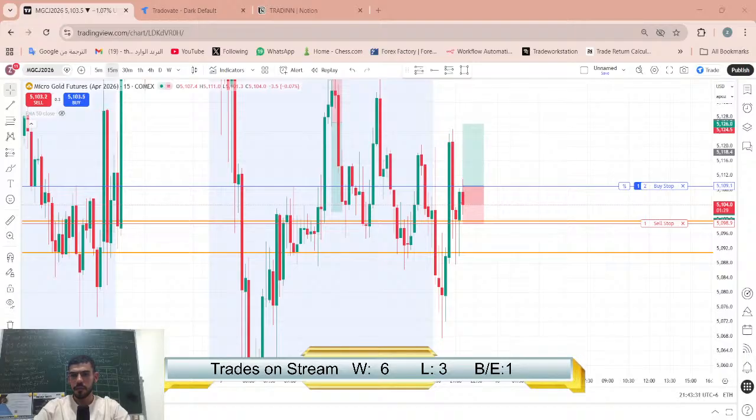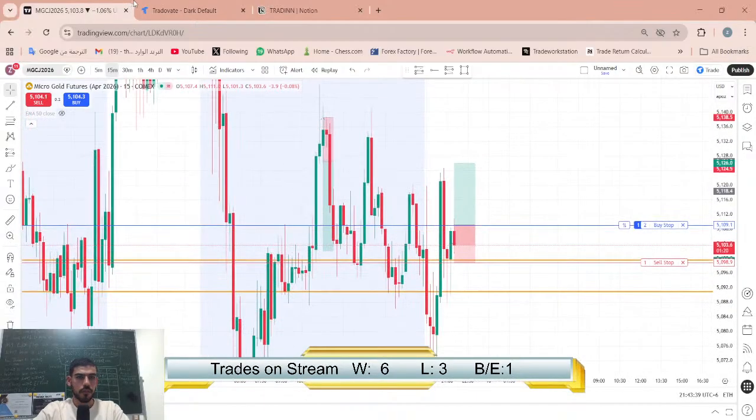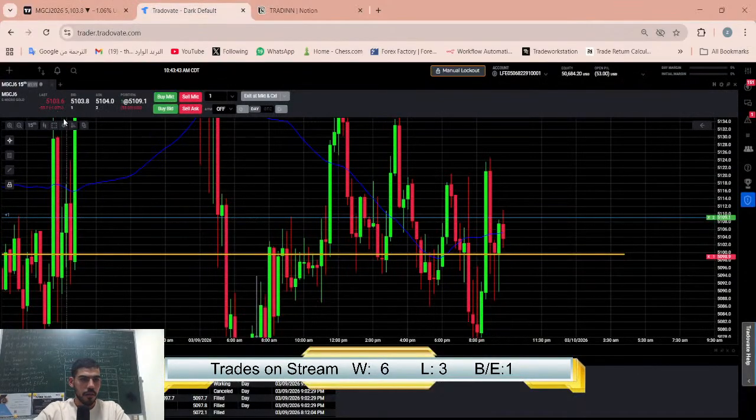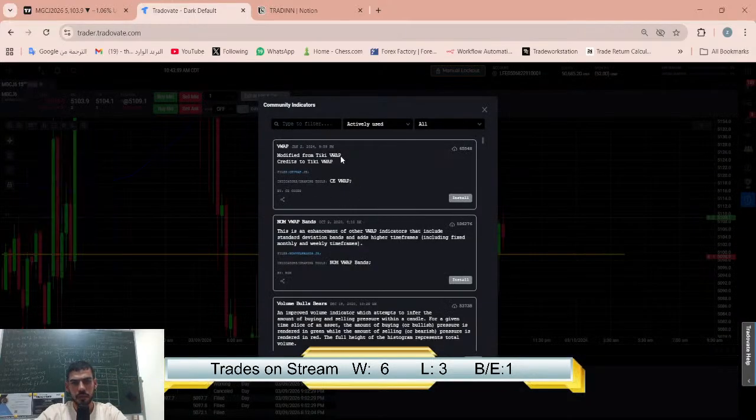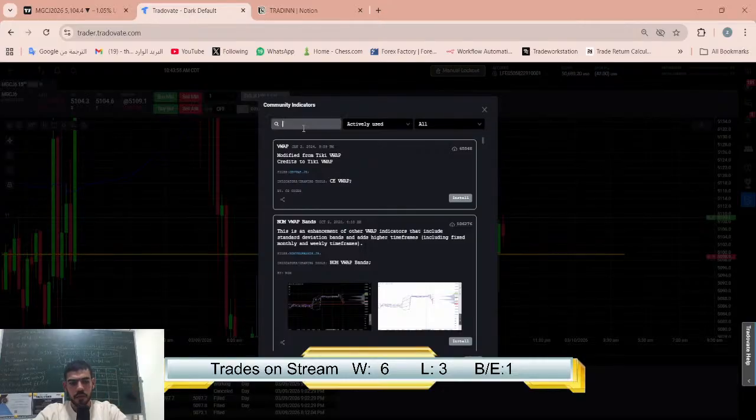There is an indicator for trade weight, risk to reward auto. Indicator risk to reward. Where can we find this one? Indicators, moving average, risk to reward, explore. Let's see how this indicator looks.